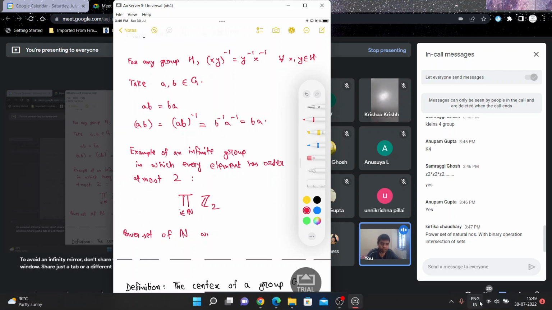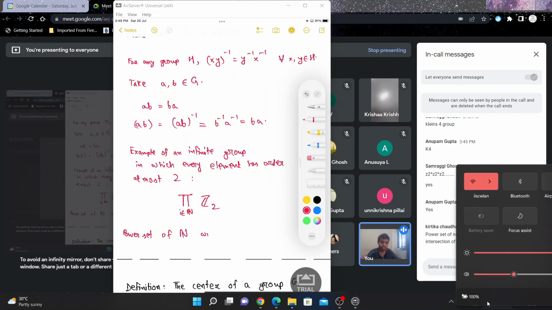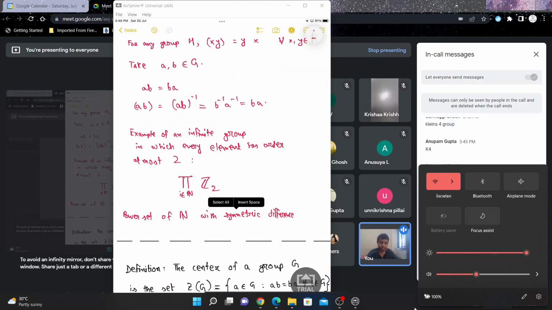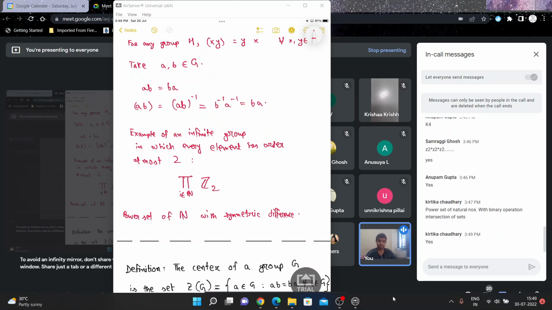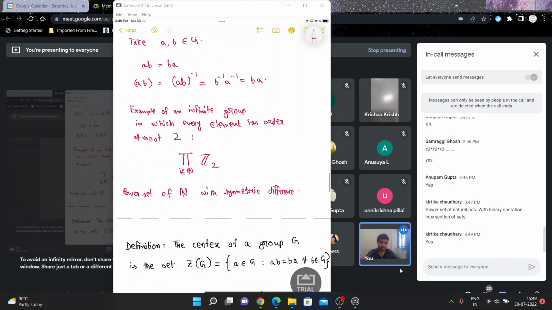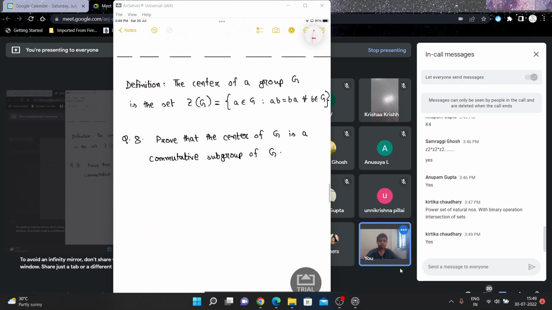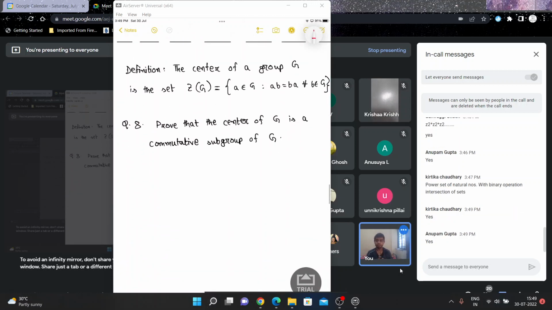Maybe it will appear. But the power set of natural numbers with the operation of symmetric difference is an example. Maybe you were trying to say this, and somehow in a hurry you said something different.